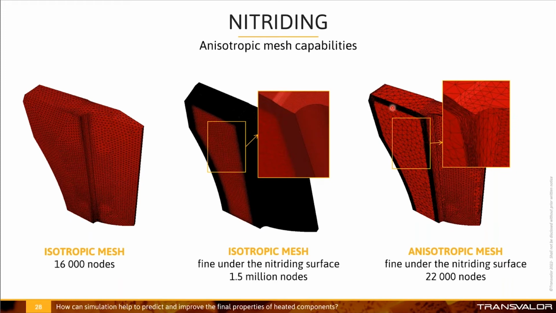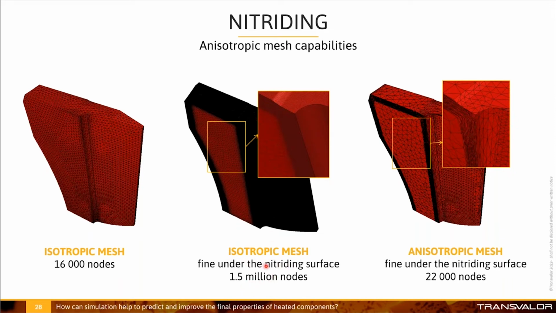Here we use an isotropic mesh to refine the contour of the part. And we can see here that with this anisotropic mesh, the mesh has been elongated in a specific direction. Both meshes have the same accuracy. We have the same mesh size, the gradient and the direction of the gradient of the nitrogen or the carbon.